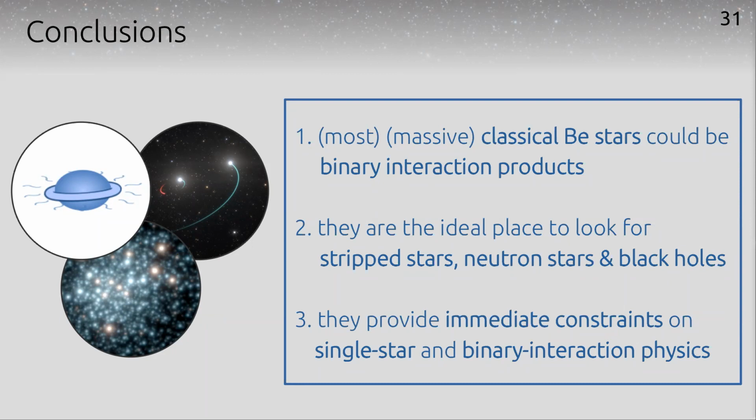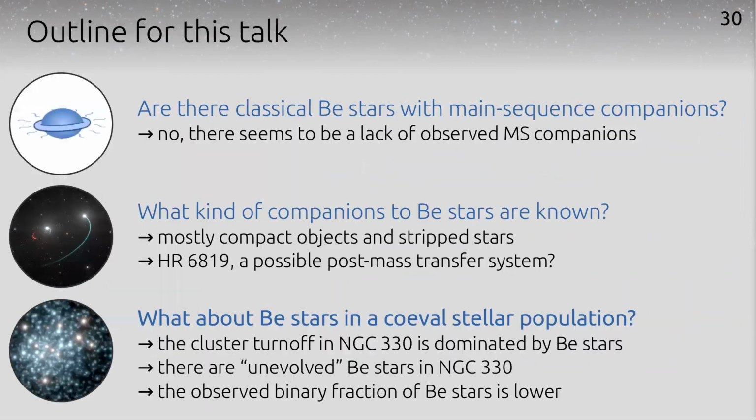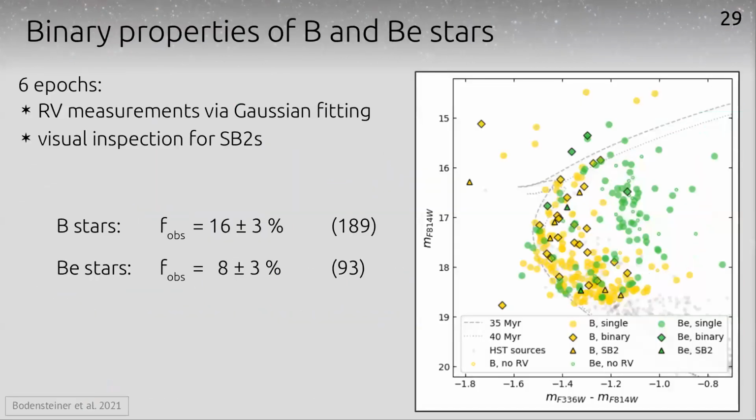Okay, so Carol was also asking, what are your next steps for NGC 330? That's a good question. What we've been doing so far is we've only looked at the binary properties, but there's actually more information in there. We only have 6 epochs, so we can't derive full orbital solutions for these systems.